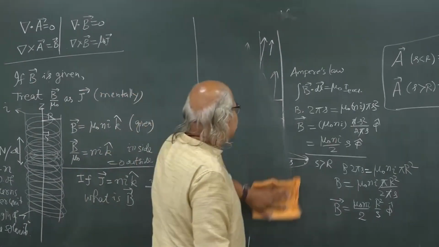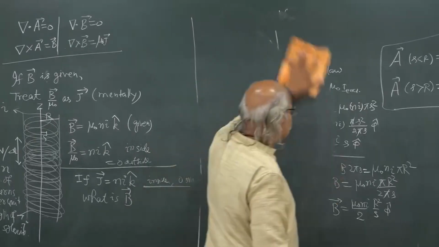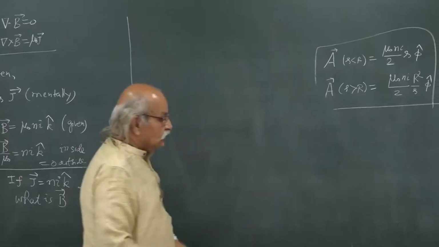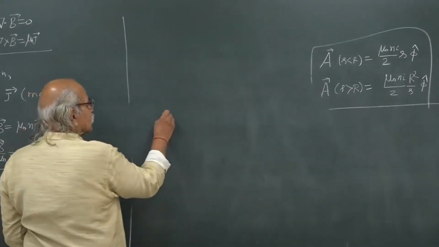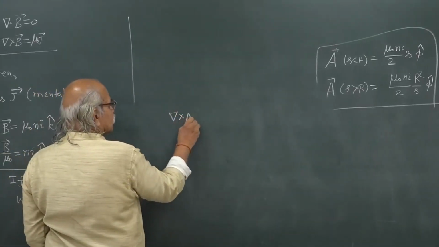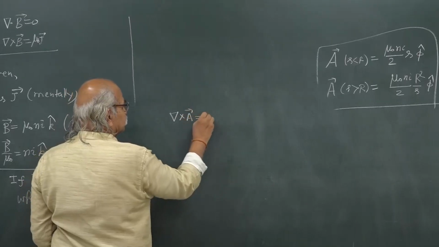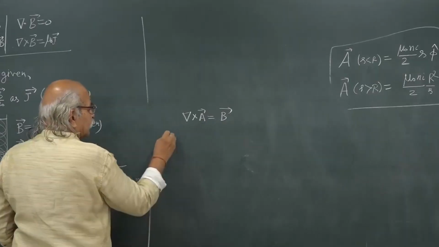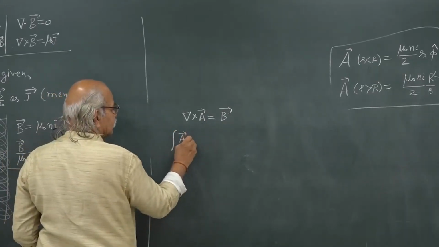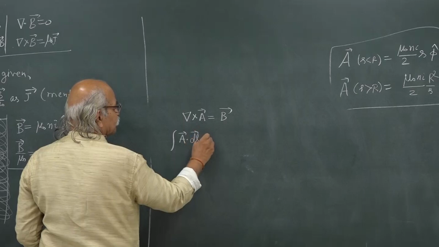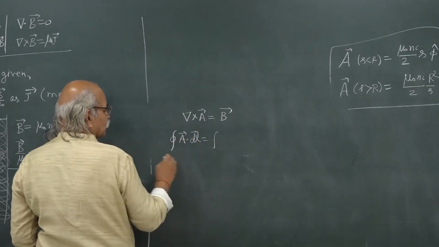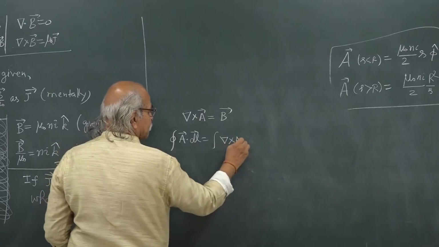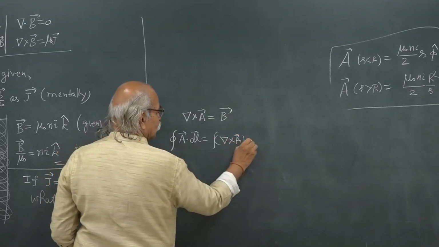And an interesting relation, just a short relation, is also good, since curl of A is equal to B. You can write the closed loop integral of A dot dl is equal to the integral of curl of A dot dA.